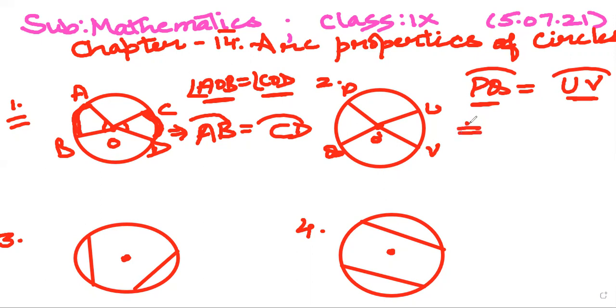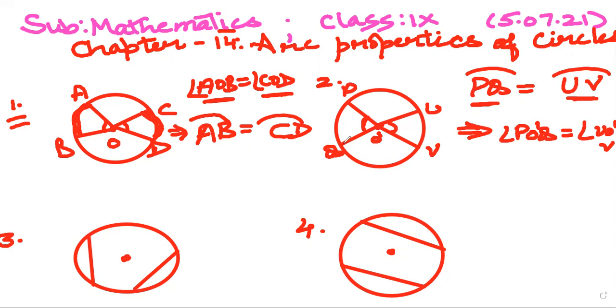So from this you can say that angle PO dash Q will be equal to angle UO dash V, because equal arcs subtend equal angles at the center.